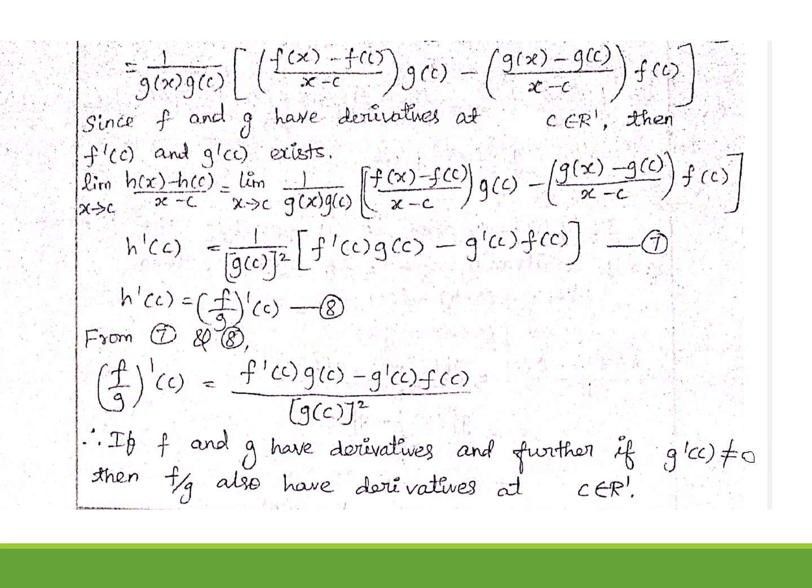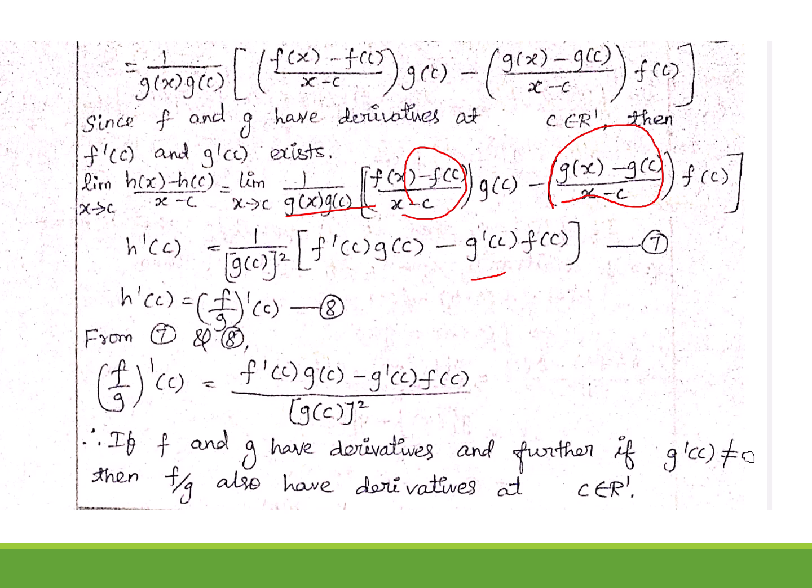Therefore, h dash of c equals 1 divided by [g(c)] whole squared, into [f dash of c g(c) minus g dash of c f(c)]. Then h dash of c equals (f divided by g) whole dash of c. This is equation 8.